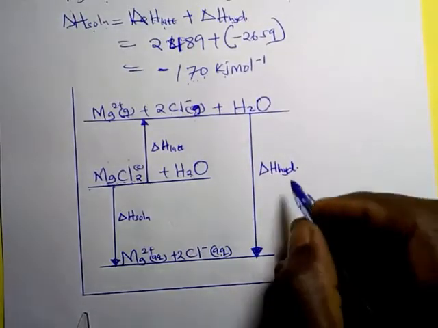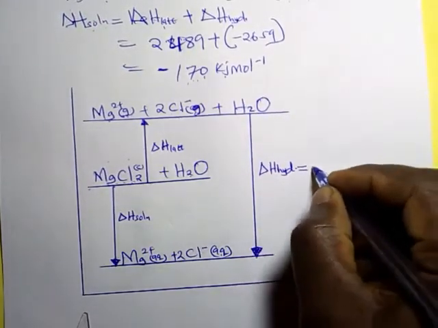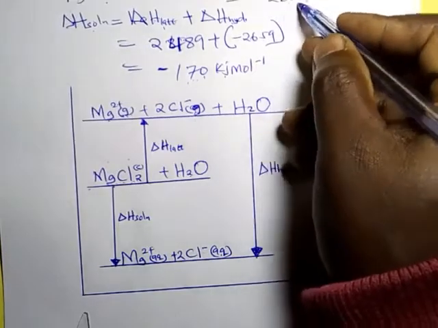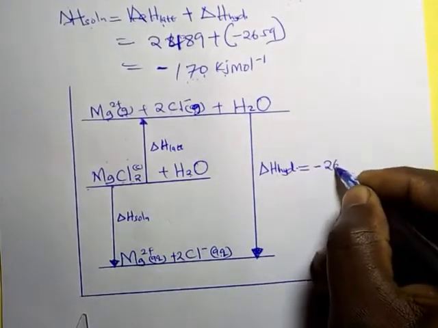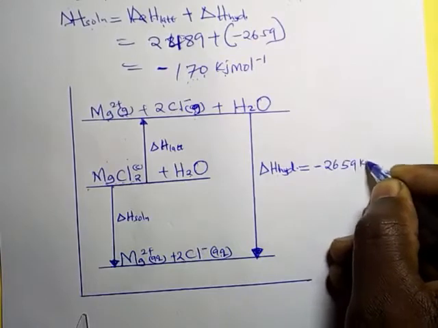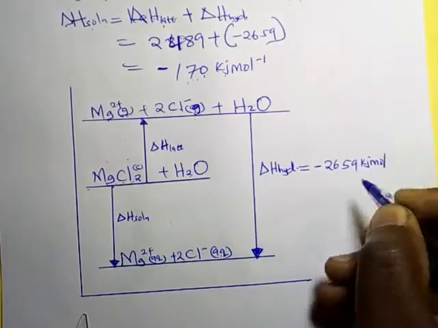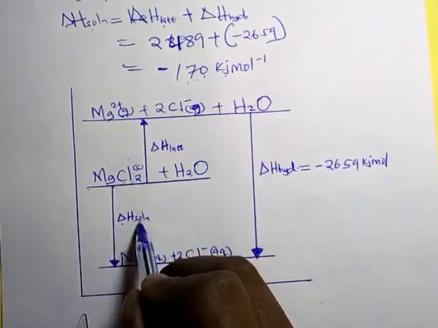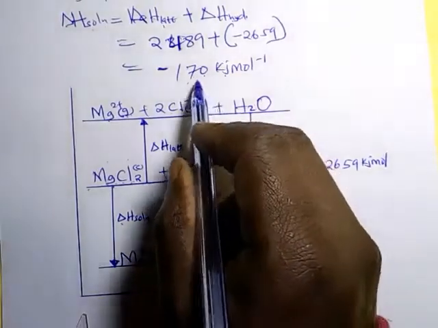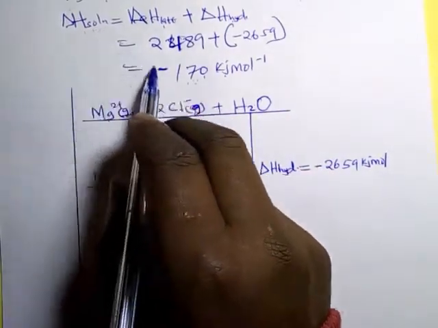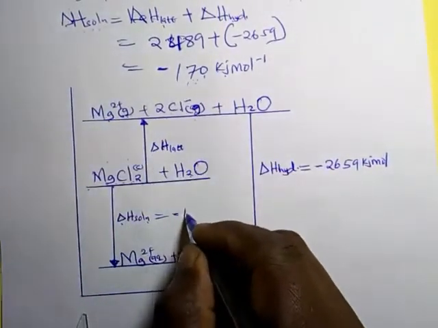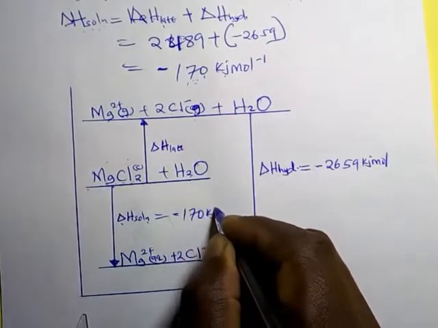We have this one as negative 2659 kilojoules per mole. The enthalpy change of solution we have calculated, the heat of solution, is negative 170 kilojoules per mole.